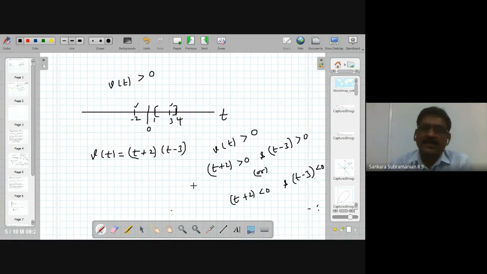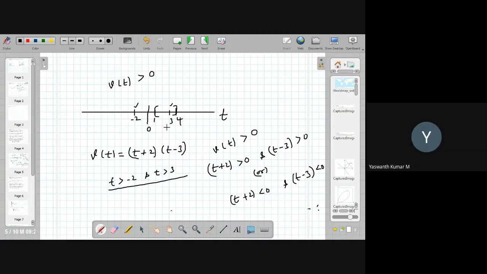அப்போ இதுல இருந்து what we have concluded from this, when v of t will be greater than 0? So this is t plus 2 greater than 0 implies t must be greater than minus 2 and t must be greater than 3. Can you tell me a number which is greater than minus 2 and greater than 3? minus 2 விட அதிகமாகவும், 3 விட அதிகமாகவும் இருக்கணும்.